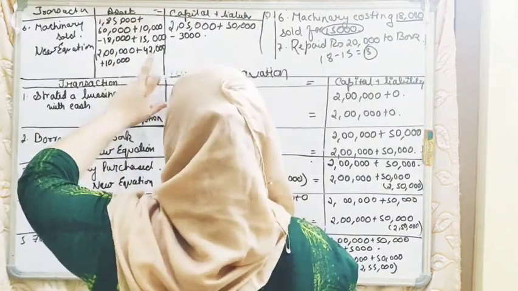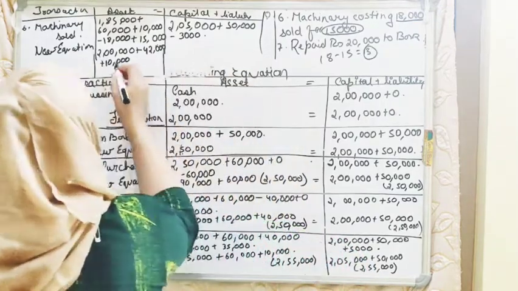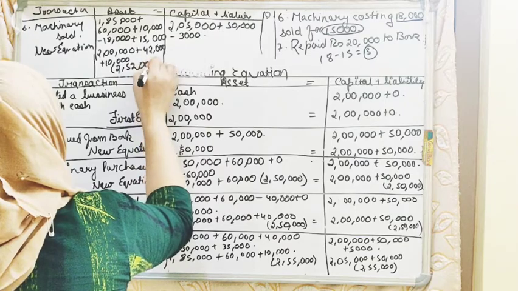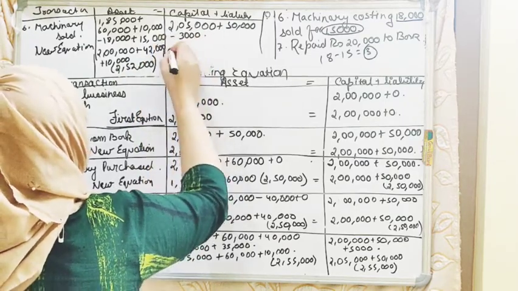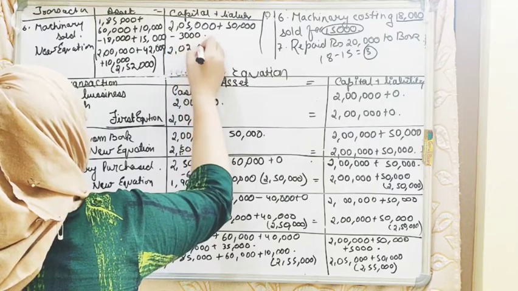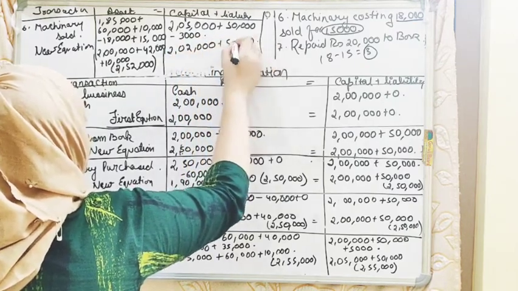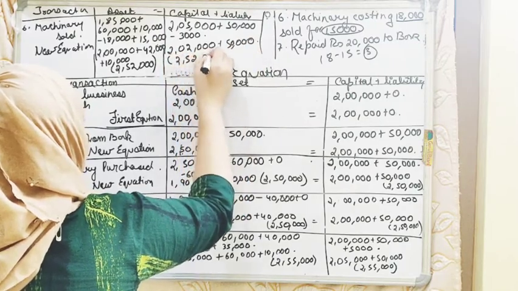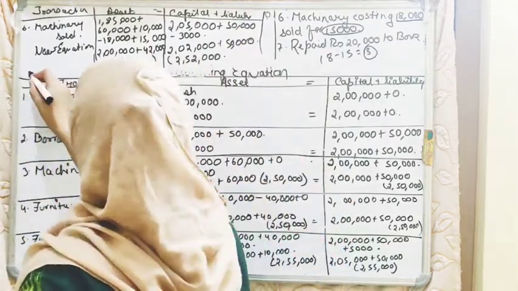Total of rupees 2 lakh plus 42,000, 2 lakh 42 plus 10,000, 2 lakh 52,000. That is 2 lakh 52,000. And here we subtract this 2 lakh 5,000 with 3,000. So we get 2 lakh 2,000 plus 50,000. So we get the amount of rupees 2 lakh 52,000. This is your new equation.